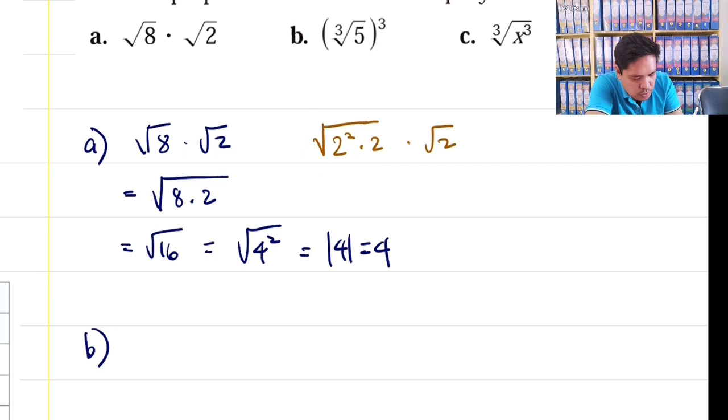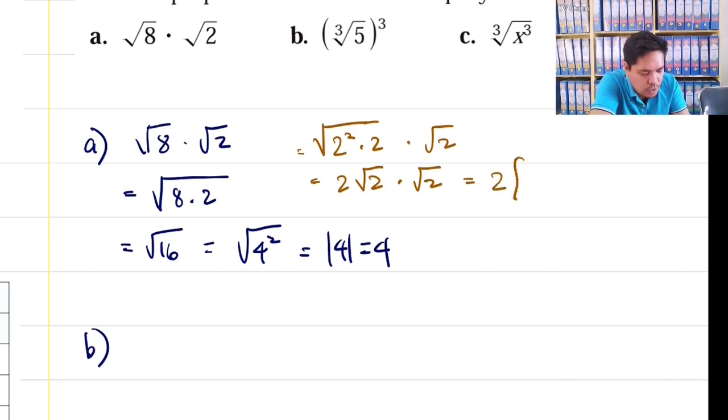So, pwede siyang lumabas. That's 2. Tapos, naiwan sa radical yung isa pang 2. Square root of 2 times square root of 2. Ayan. Diba? So, that would be 2 times, eto siya, i-combine na lang natin to kasi the same radical. I mean, the same index. Sorry. So, that would be, may sumilip.